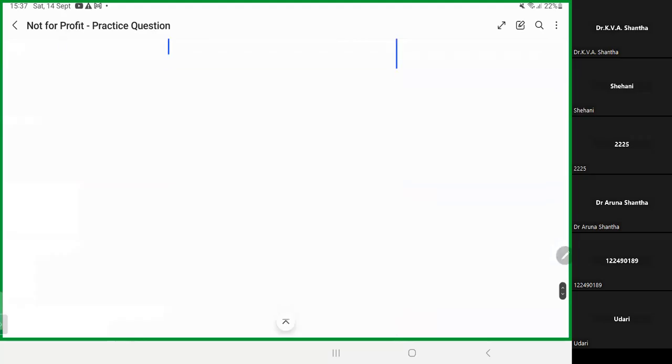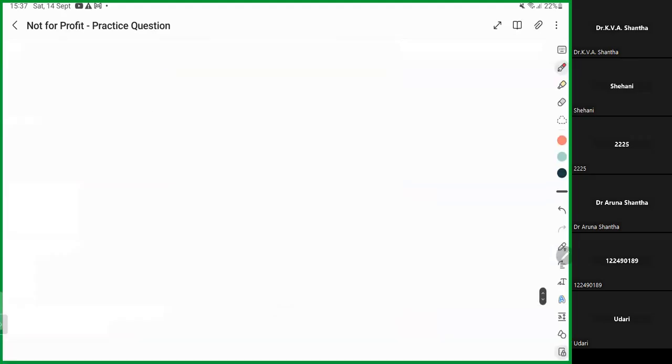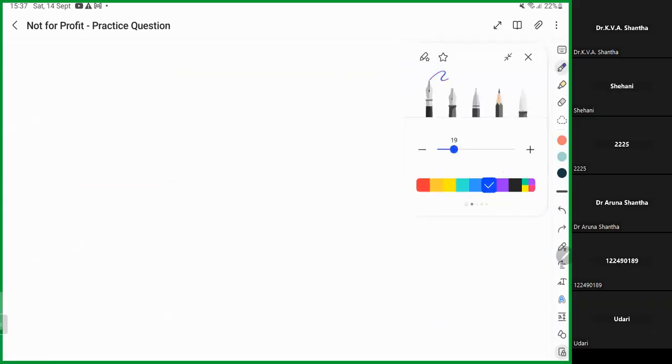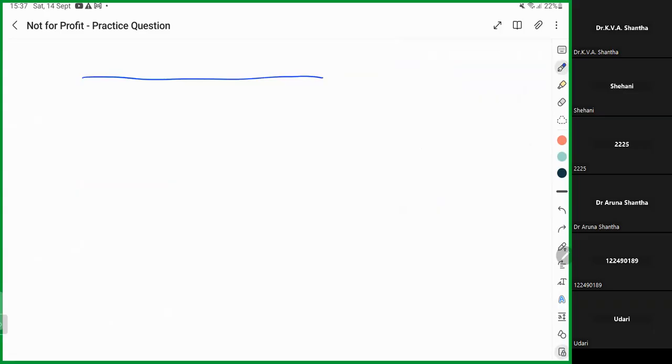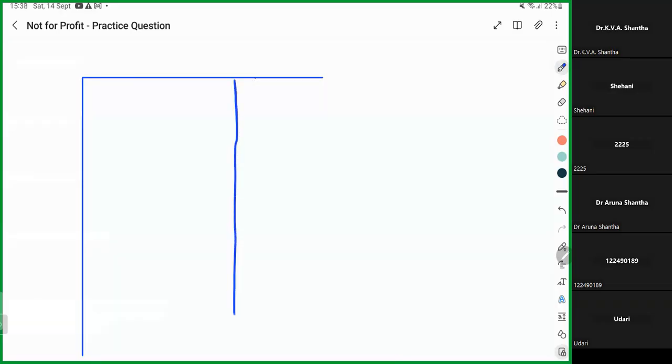Then you have to prepare the statement of financial position. It is the same as for businesses, you see only a small difference.